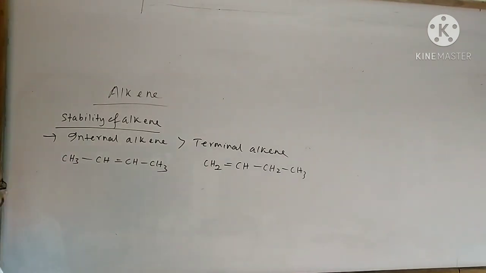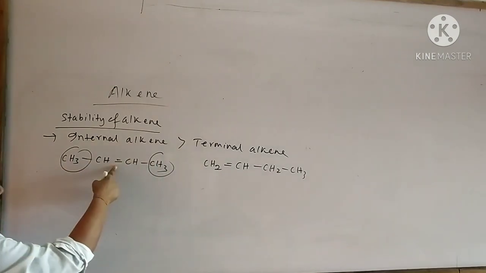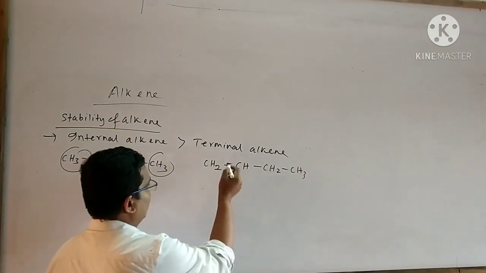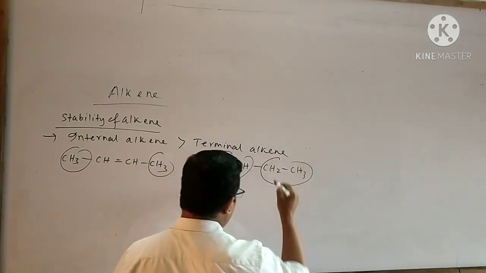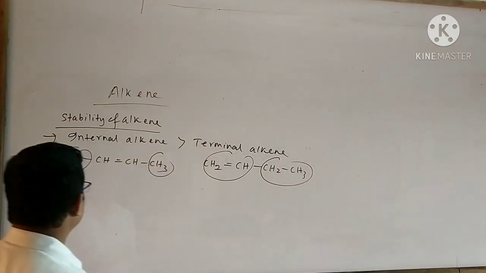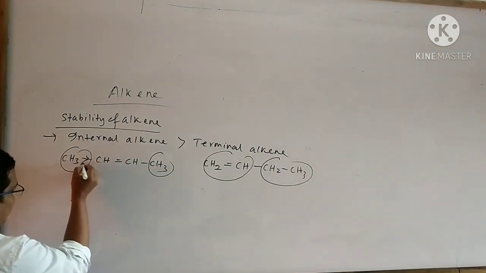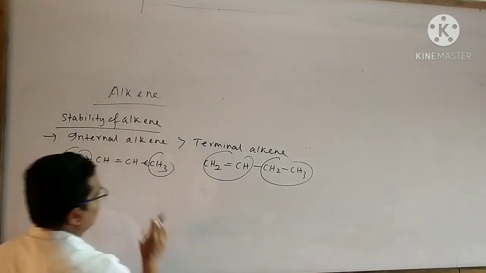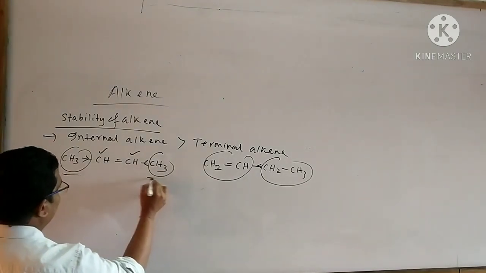In case of internal alkene, look at that, there are two alkyl groups attached to this pi bond. But in case of terminal alkene, only one alkyl group is present. Due to the presence of two alkyl groups, they always release electrons towards these double bonded carbon atoms. Here two sides are occupied by the alkyl group.